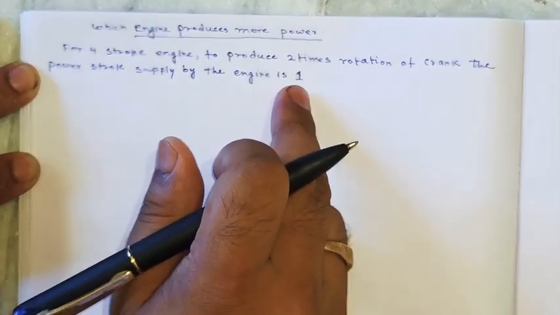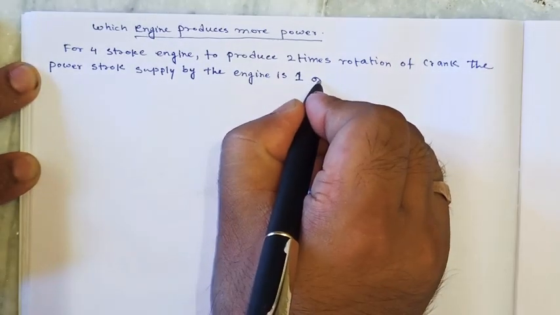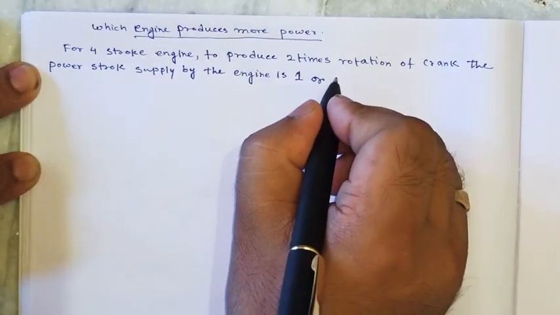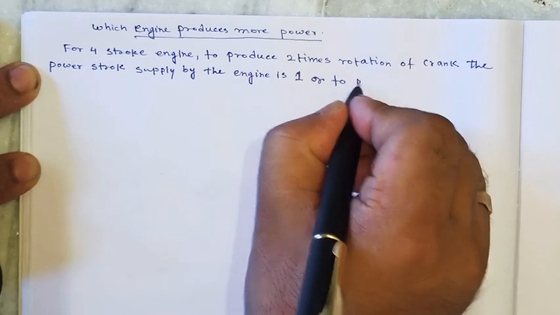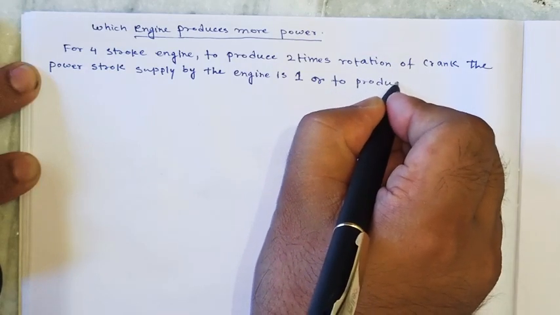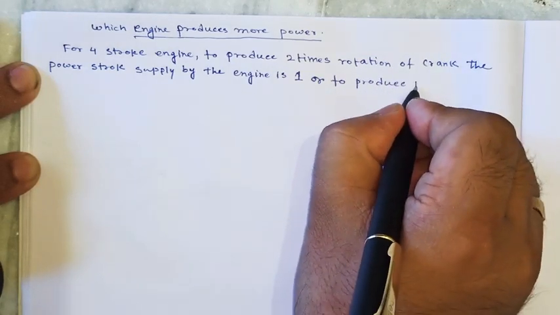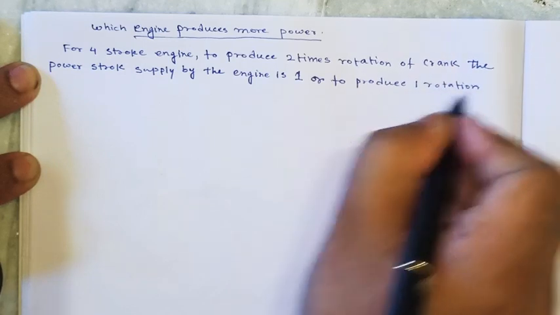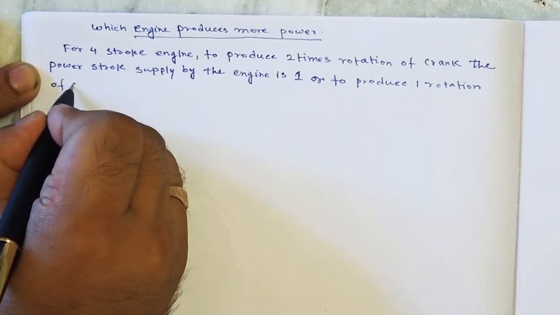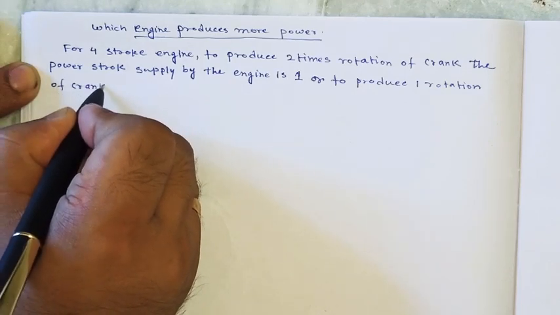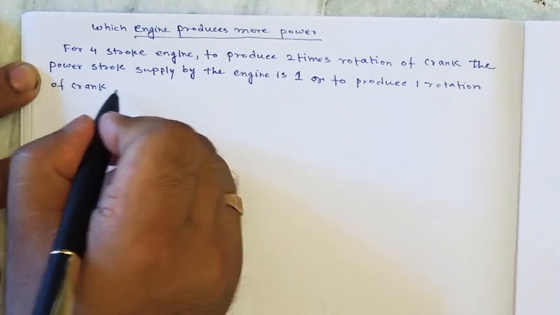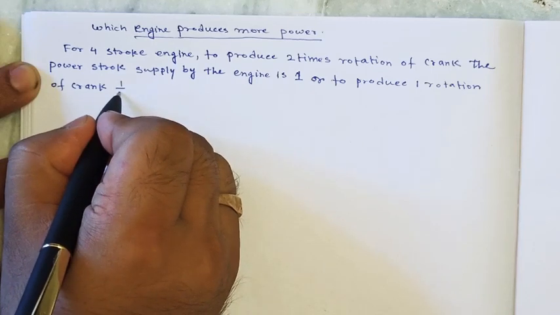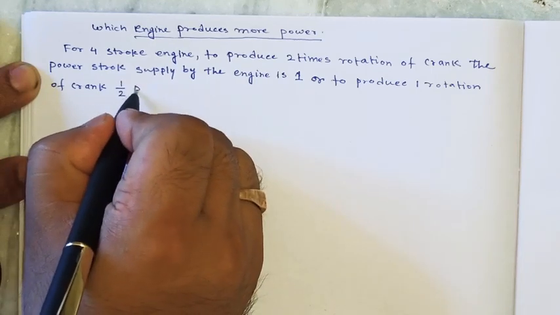So I have written this: for the 4-stroke engine, to produce 2 times rotation of crank, the power stroke supplied by the engine is 1, or to produce 1 rotation of crank, there is 1 by 2, that is half power stroke.